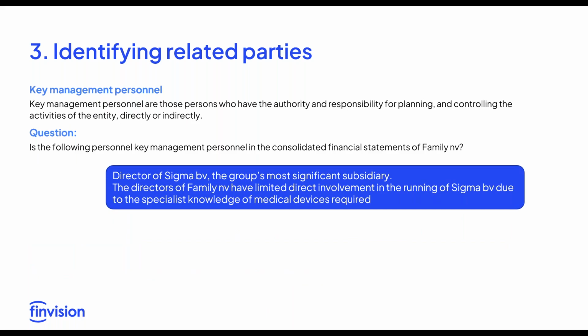A third question in relation to key management personnel. In this case, we have a director of Sigma BV. Sigma BV in the group chart of Family NV is a subsidiary of Family NV, and Sigma BV is the most significant subsidiary. That's the information I give you in addition.